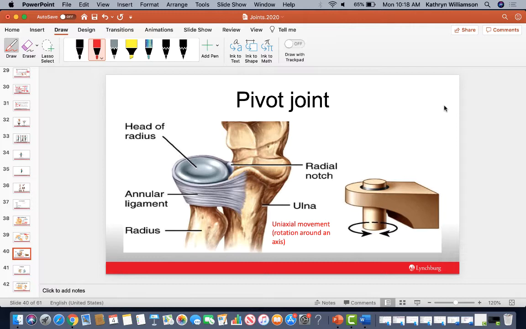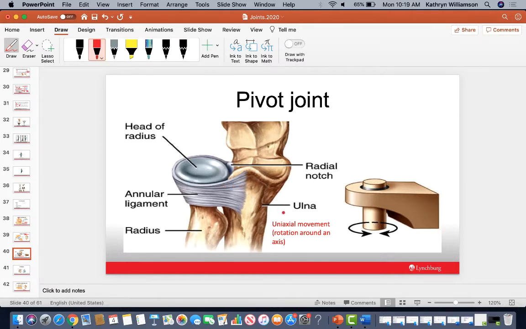Okay, pivot joint. So this is, for example, the joint formed also, people tend to call it their elbow. It's not technically your elbow, but it's the joint formed at the proximal radius and ulnar articulation here, where you have that round radial head that kind of spins and creates a pivot.